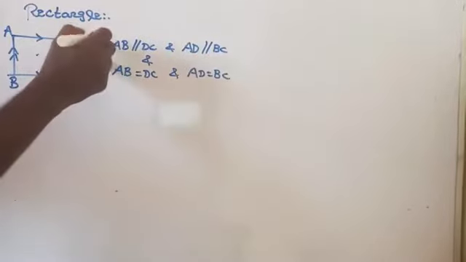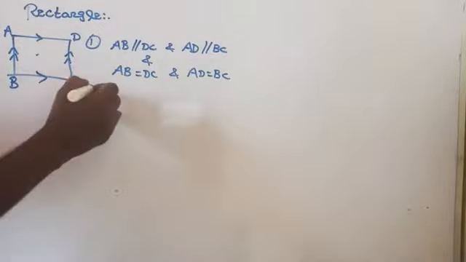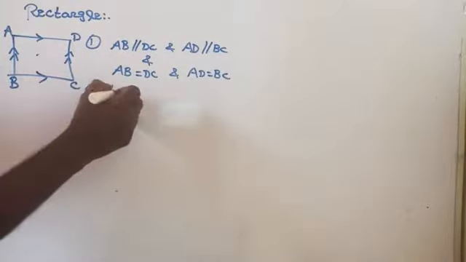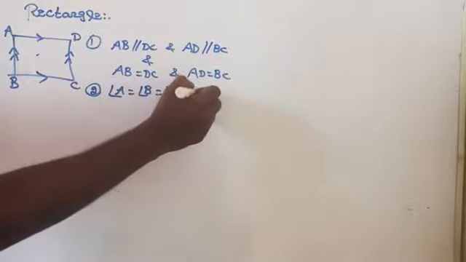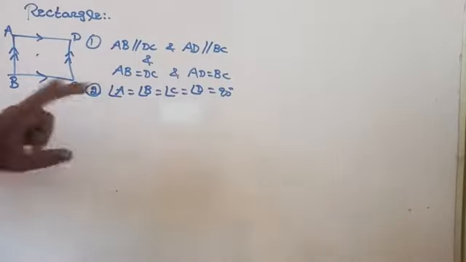This is the first property. So in a quadrilateral in which two pairs of opposite sides are parallel and equal, here each angle is 90 degrees. So if each angle is 90 degrees, the two pairs of opposite angles are equal.